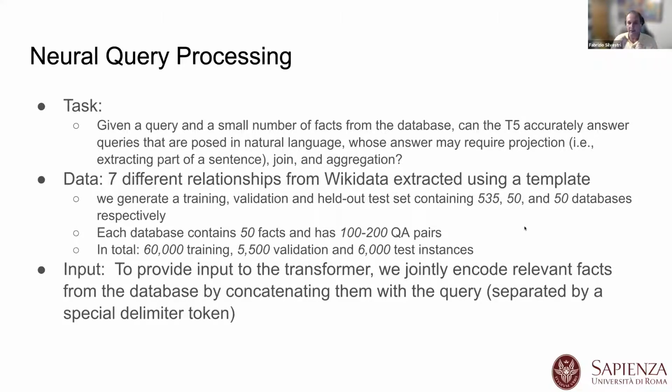So the input that we want to use is a query and a set of facts. You can think of the task as: given a query and a set of facts, can I translate this sequence of tokens into the answer to the query?